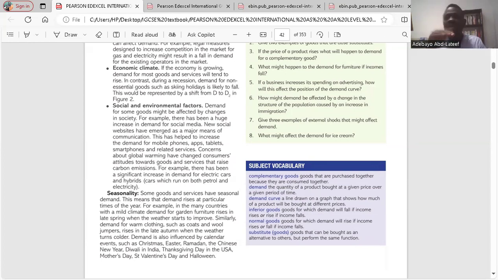So for social factors, society can also influence things. For example, look at social media. Demand for social media continues to increase. As I saw, different businesses are trying to come up with their own app so that they can also sell, because the market for that is increasing. That's about social. I think it's clear.